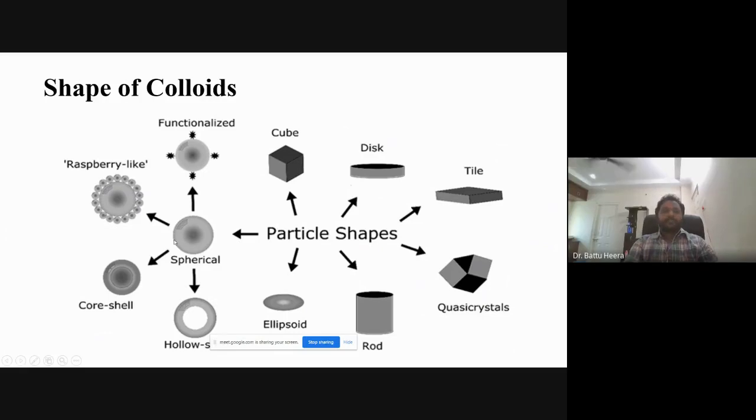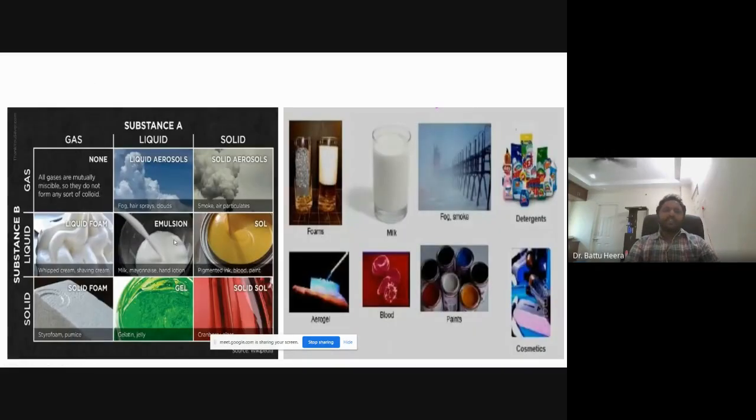Now, these are the examples of the colloids we are talking about: solid aerosols, liquid aerosols, emulsions, sols, liquid foam, solid foam, gel, and solid sol. So these are all examples of colloids. Now do you understand how important colloids are? Our blood is also a colloid.